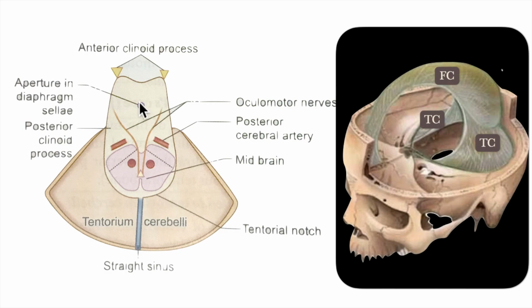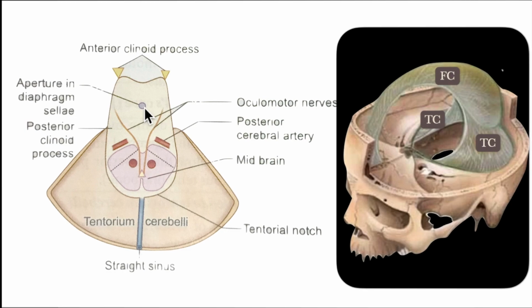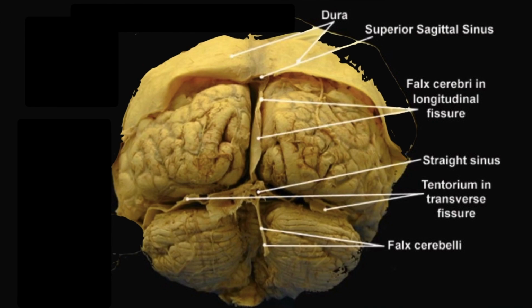So it is pierced by the pituitary stalk. So these are the important characteristics you have to know about the dural folds. Then next we will move on to the dural venous sinuses. See, these are the different folds.